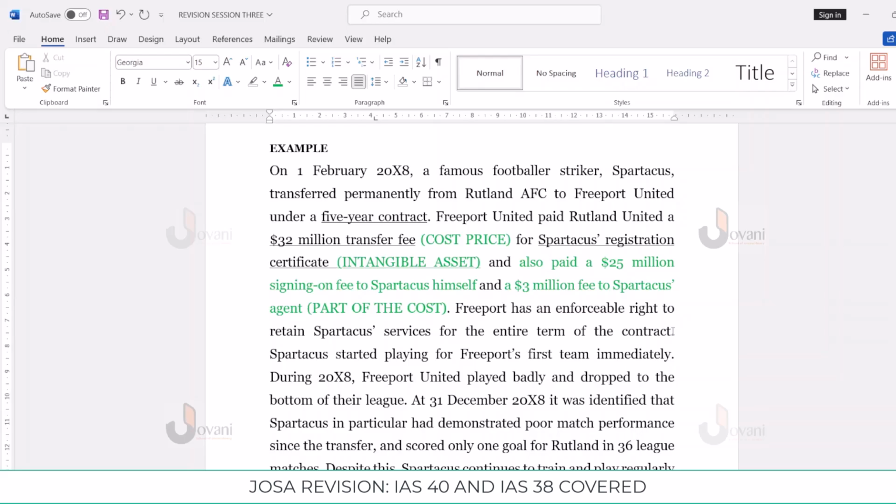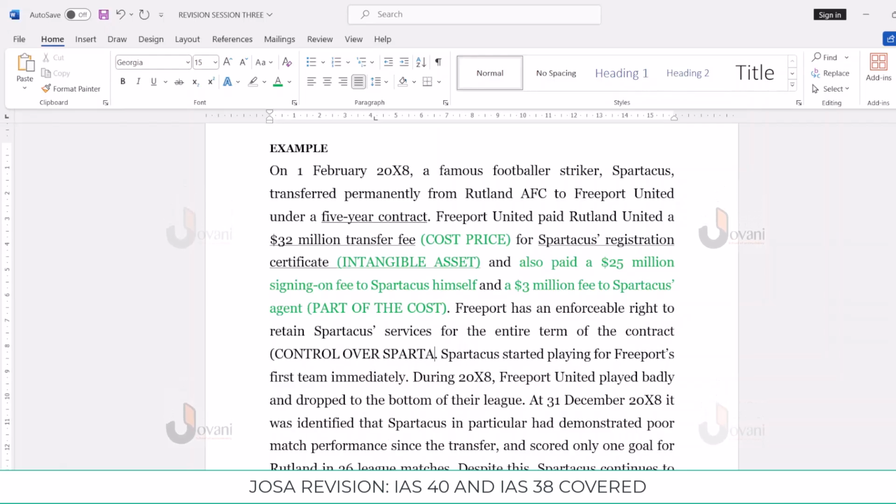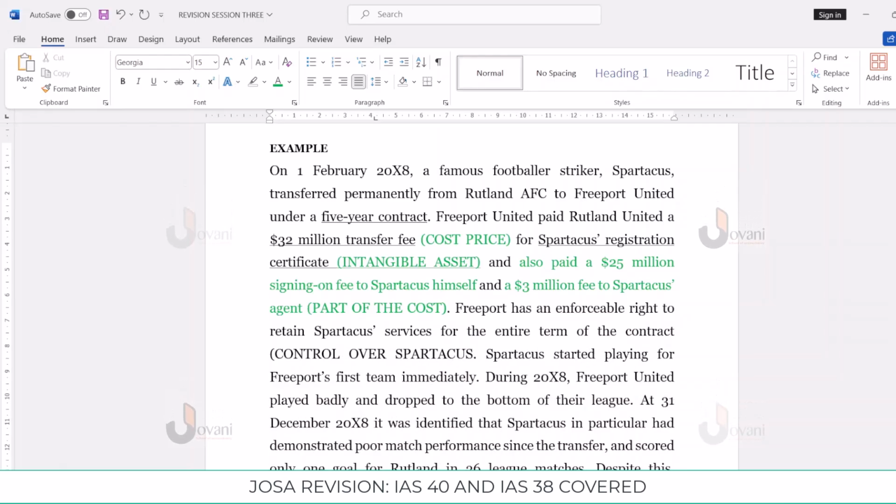So this one is showing us control over Spartacus. And now these are all indicators of, they are giving you the concepts under IAS 38.